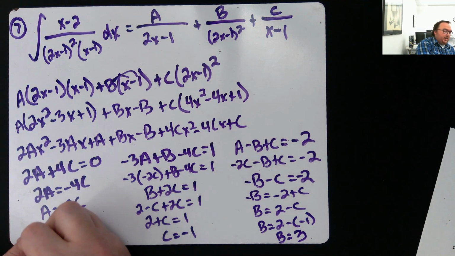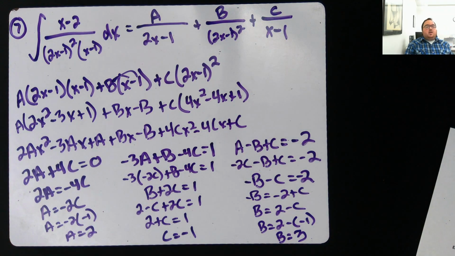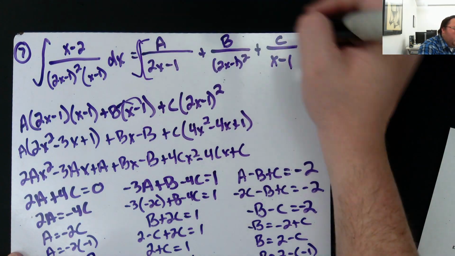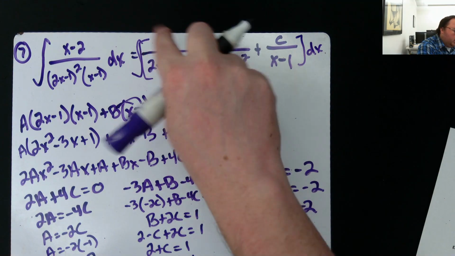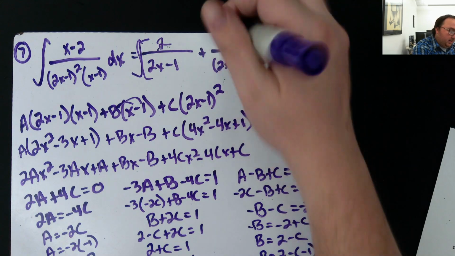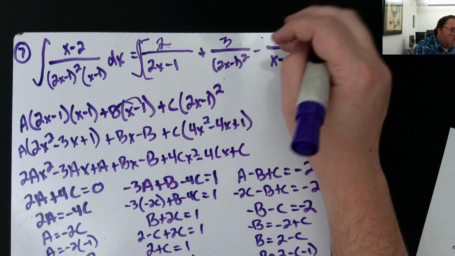And then plug c into here. Negative 2 times negative 1. So a is going to be equal to 2. So this is going to be equal to the integral of a we said was 2. B we said was 3. C we said was negative 1.